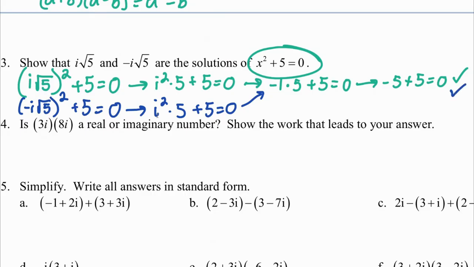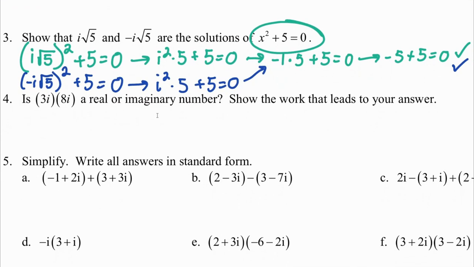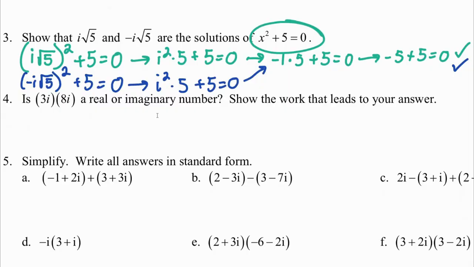So the next question is, is 3i times 8i a real or imaginary number? Show the work that leads to your answer. So we would want to multiply these out. So we would do 3 times 8, which is 24, and then i times i, which is i squared. So again, we talked about how i squared we can rewrite as negative 1.